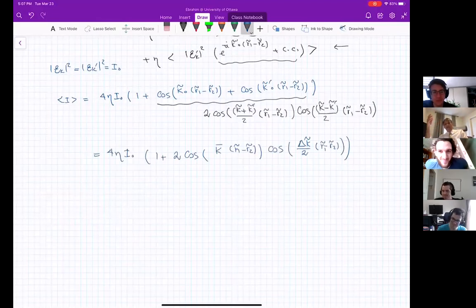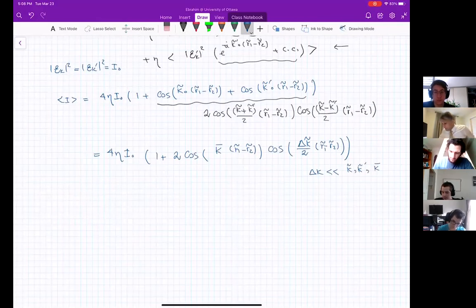So k is 2 pi divided by lambda, right? Essentially, we know that k and k prime are very close to each other. So when there is a difference between the two, you expect this value to be lower. So delta k is much, much smaller than k and k prime, and also k average.